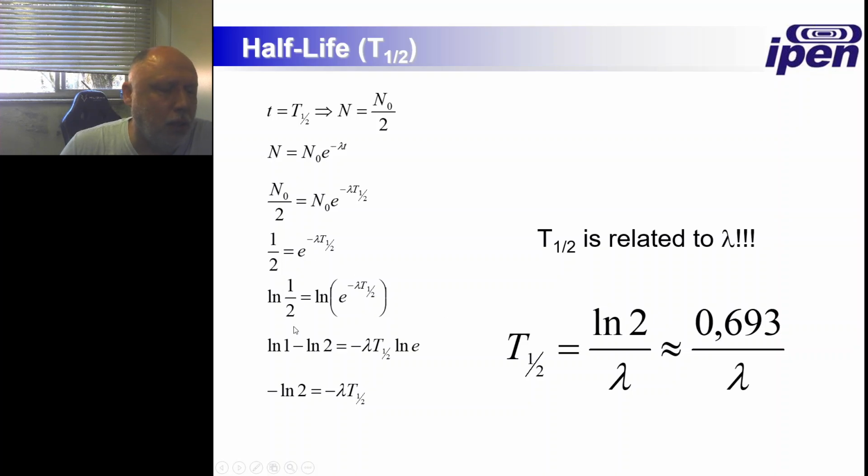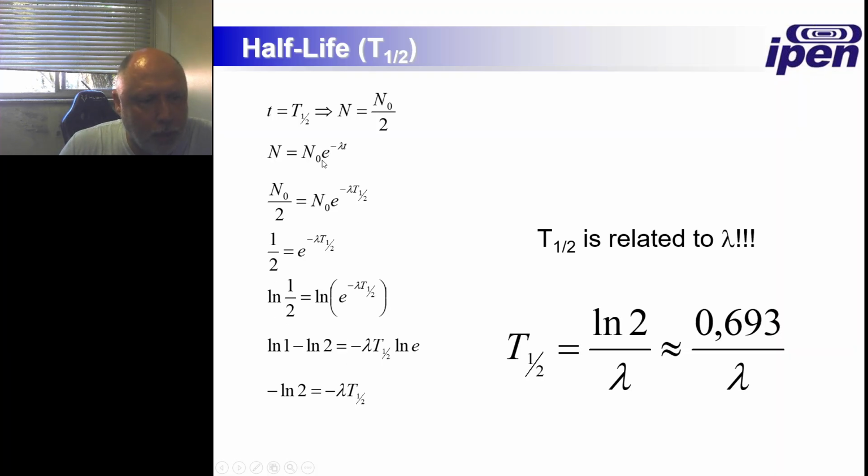In case you're not familiar, the logarithm ln, which is the natural logarithm, is the inverse function of the exponential. So the logarithm of an exponential is just the function itself.